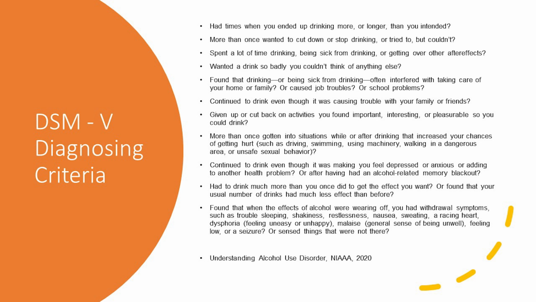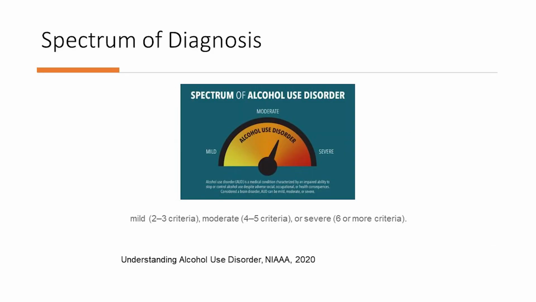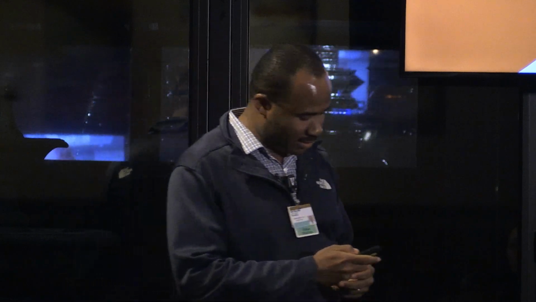That will be on the next page. 2 to 3 is mild, 4 to 5 is moderate, and 6 and above is a severe AUD. So you just look on there, see what they meet, see what they don't meet, and based on the number that they meet, you can say, okay, this is mild or moderate, or it's really bad. Then, what do I need to do next? We'll get to the treatment options.